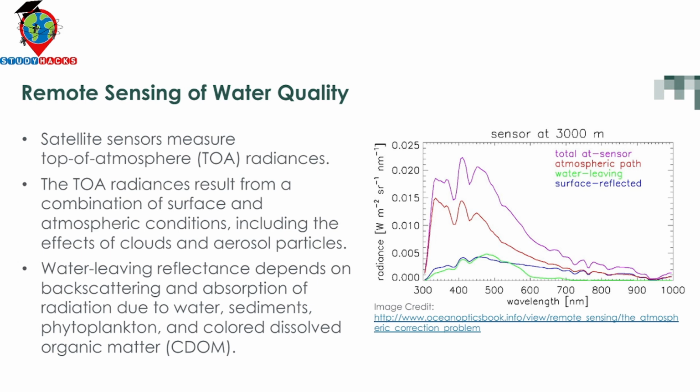We need to make a radiometric correction or atmospheric correction. But when I use top of atmosphere radiance, we don't need to apply any correction, because it's already corrected. So it's very easy to use the Google Earth Engine platform.